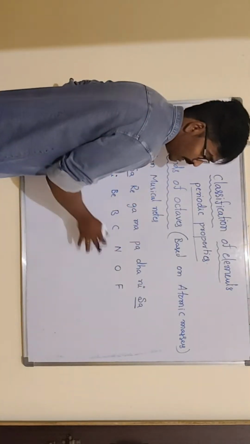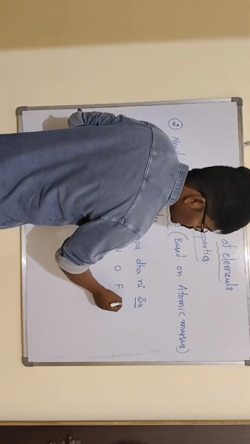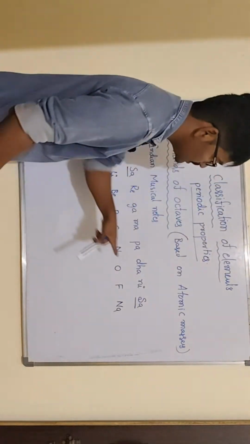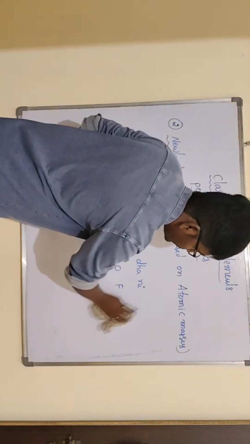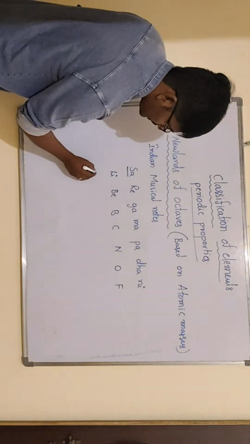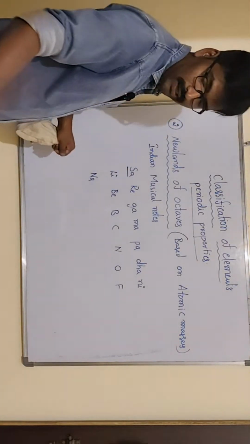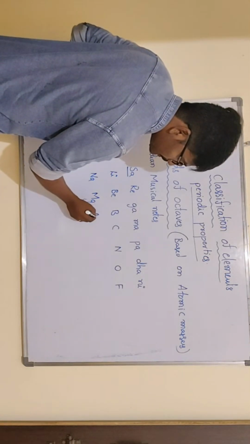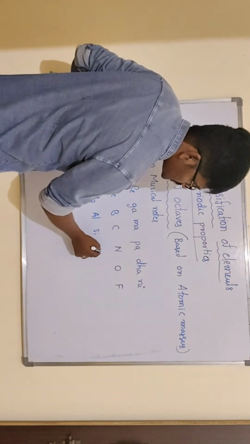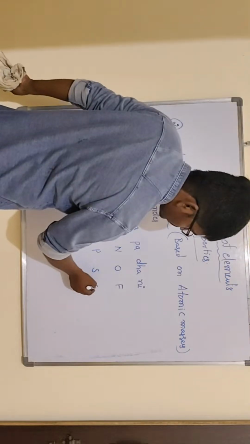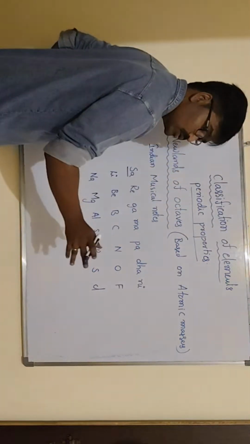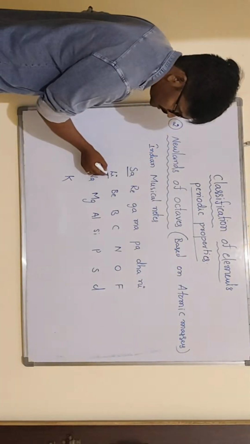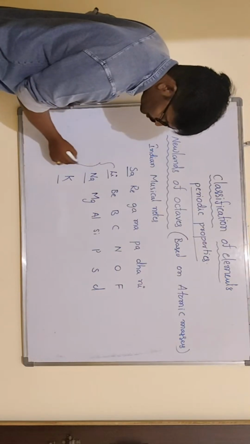So after fluorine, sodium with higher atomic mass comes, and sodium falls under Sa. Next after sodium, magnesium, then aluminum, silicon, phosphorus, sulfur, chlorine, then there is no argon, then potassium. So lithium, sodium, potassium are in one group.